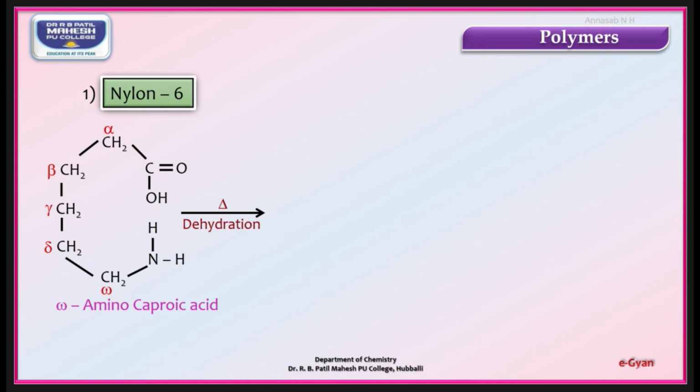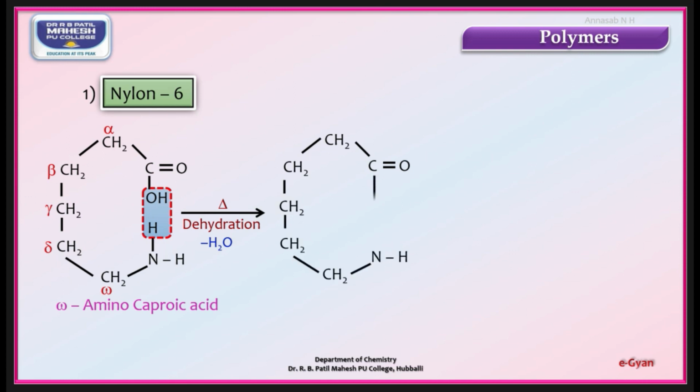So the process of removal of water is known as dehydration, and there is a new bond formation between carbonyl carbon and nitrogen of amine group. And the component, which is a total 7 membered ring, out of which there are total 6 carbon atoms and 1 is nitrogen atom. We can count from here, carbon number 1, 2, 3, 4, 5, 6.